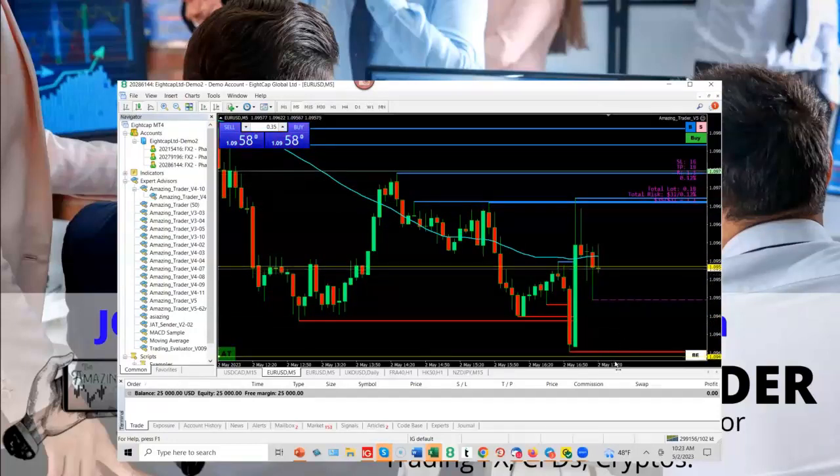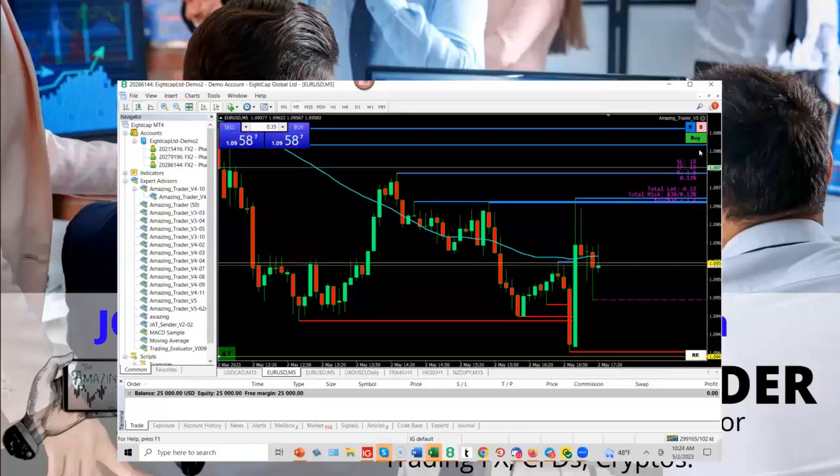If I want staying power, I just put my stop below here. It's the low of the day. And that's what I call playing by the book and following the logic of what I said.